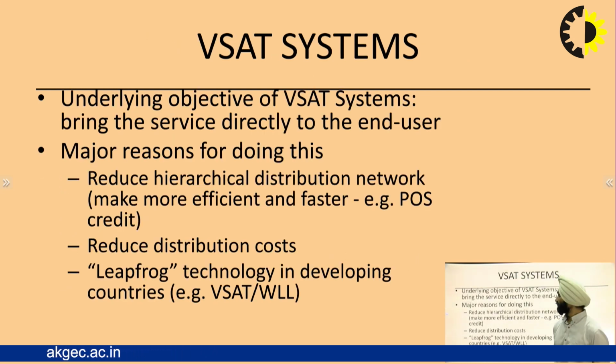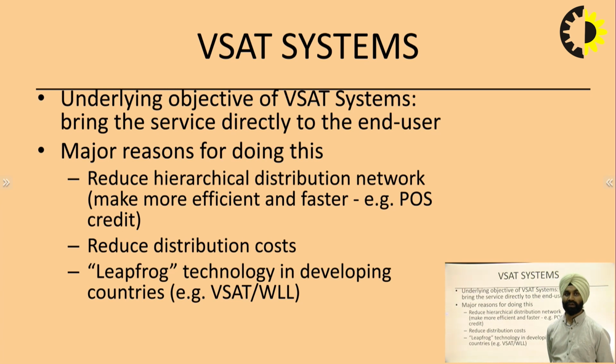The objective of the VSAT system is to bring all the services directly from the satellite to the end user without any intermediate MSCs or BSCs, etc. By doing this, we can reduce the hierarchy of the whole distributed network.